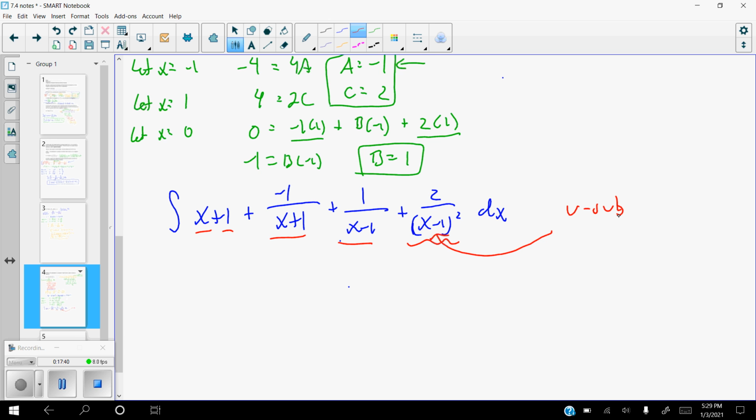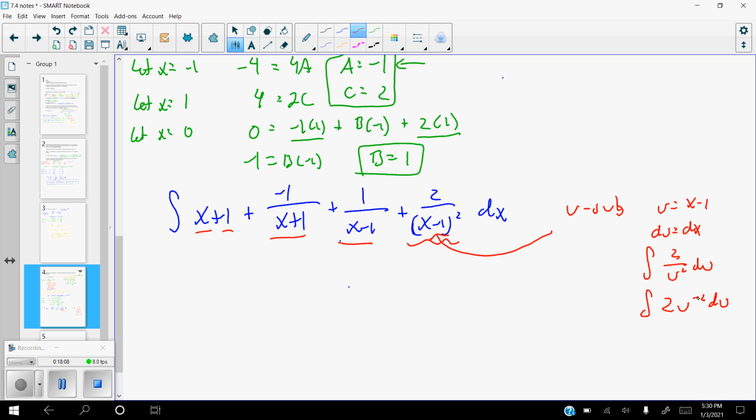So I'm just going to work with the 2 over x minus 1 squared part. So in that case, u is going to have to equal x minus 1, which makes du 1 dx, or just dx. So now if I were to do my integral, it would be 2 over u squared du, which is the same thing as the integral of 2u to the negative 2 du, antiderivative.